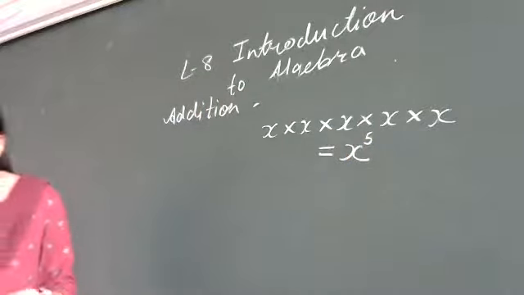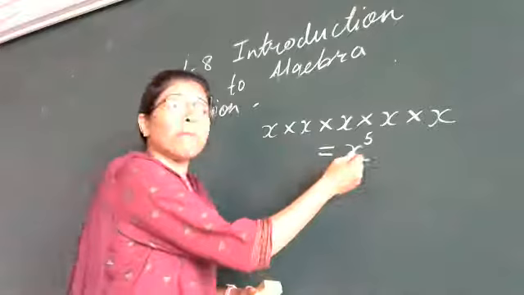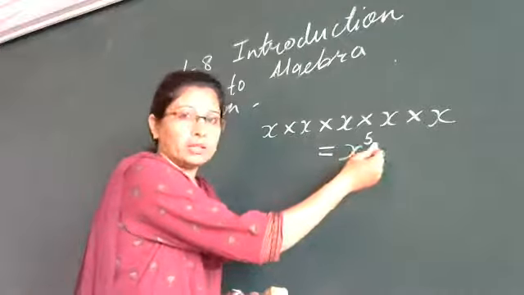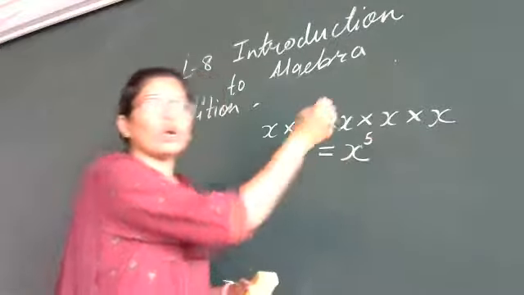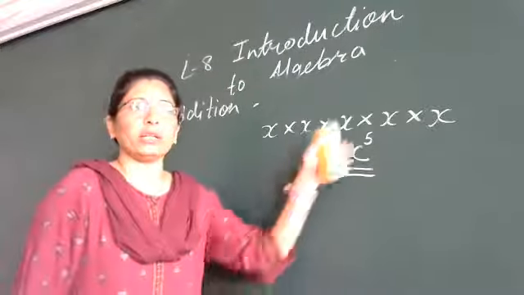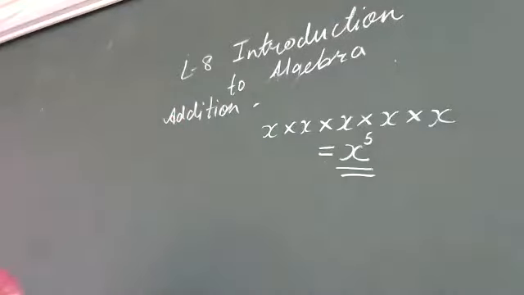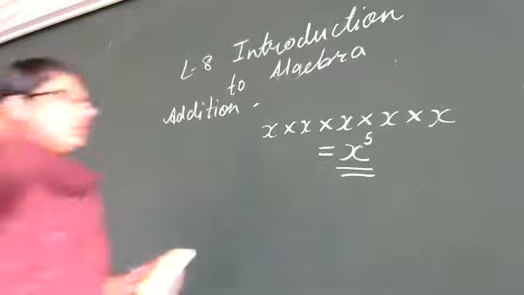X raised to 5. Or we can say that x to the power of 5. This is known as exponents, exponential notation. It is known as exponents or power. Okay.